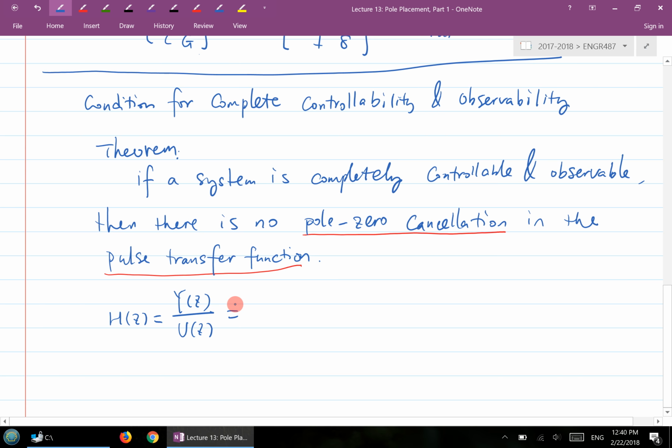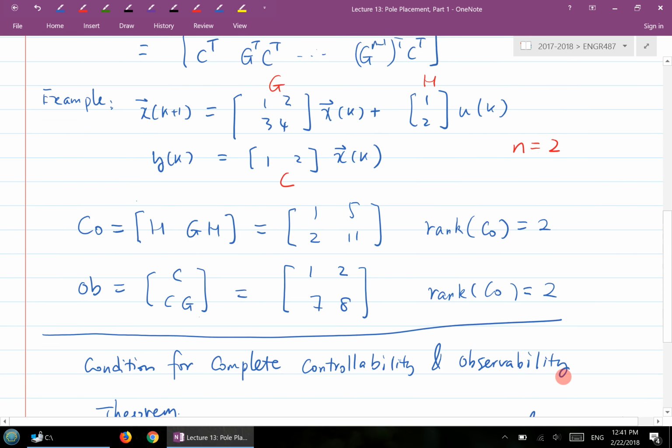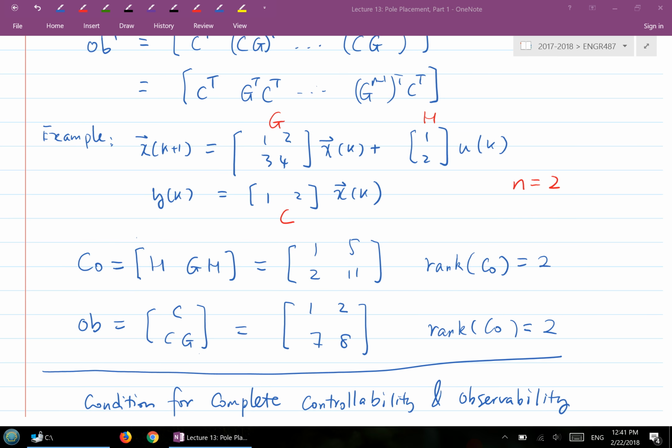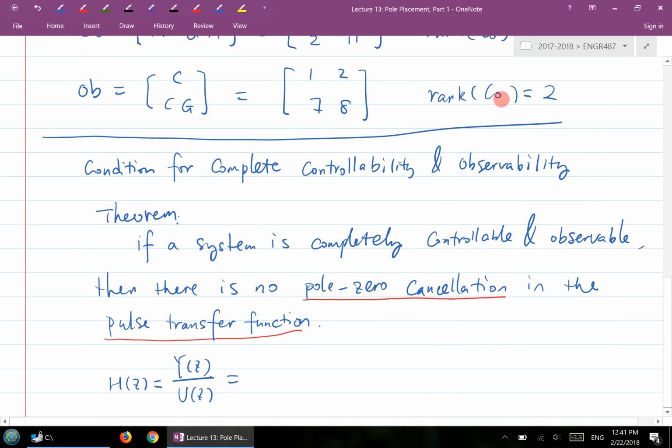Now, there are different ways to derive the pulse transfer function. You can derive it based on the closed loop system, by looking at the pulse transfer function for each block, and then derive the closed loop pulse transfer function. Or, if the system is given in a discrete state space model like that, you could also derive it.